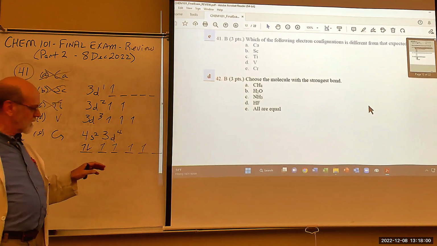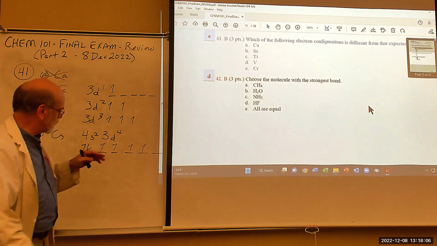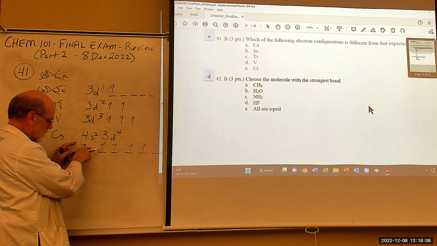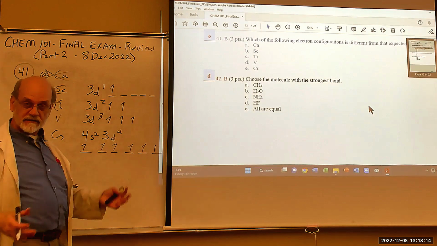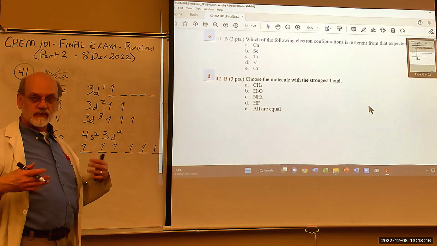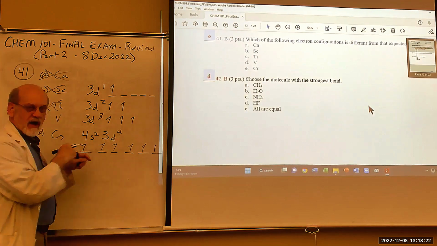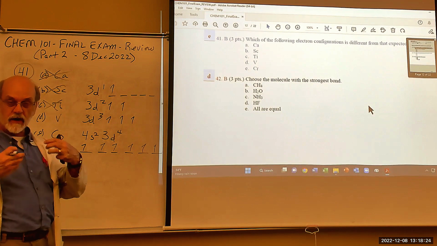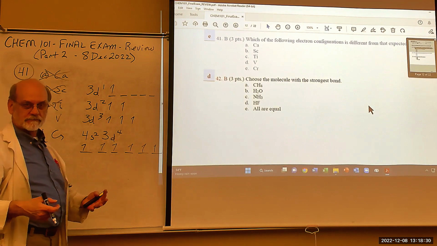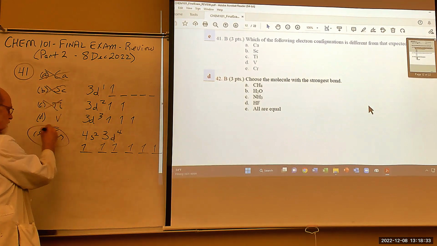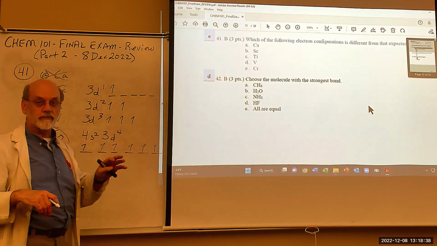What happens is the lower energy state actually puts one of these here over there, because a half-filled d orbital is more stable than 2 in the s, where you have paired opposite spins and they're repelling one another. If you can separate that one out over here into its own orbital, it's much more stable. So this discrepancy is different than what you would expect for the electronic configuration of chromium.